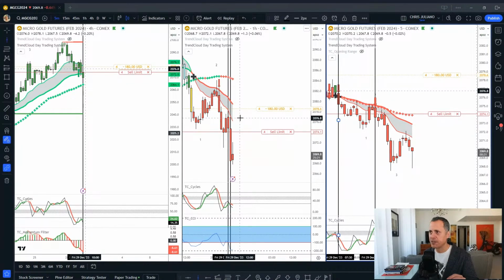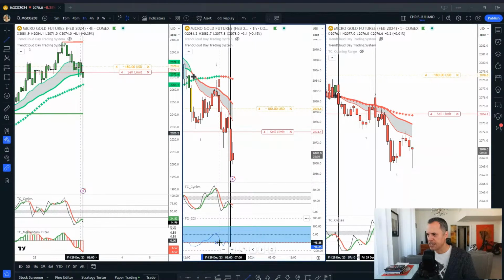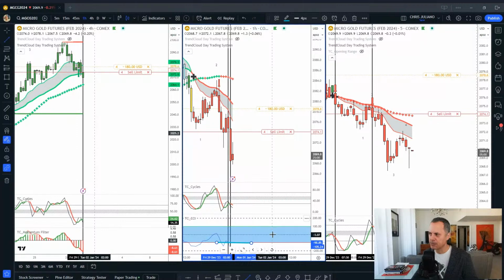I made it specifically that way. Red candles, red TrendCloud, oh, downtrend. Boom, I know right away when I look at it. You must be below negative 100, okay? So that's why this line is red and this line is green. We need to be below the red line.